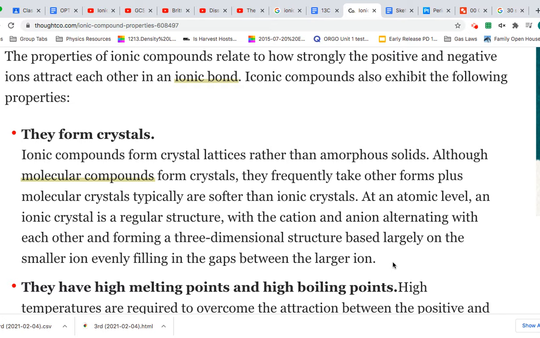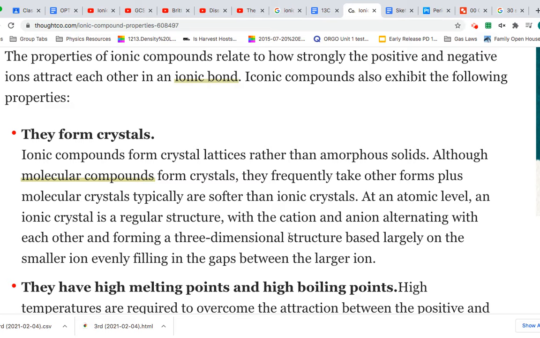At an atomic level, an ionic crystal is a regular structure with the cation and anion alternating with each other and forming a three-dimensional structure based largely on the smaller ion evenly filling in the gaps between the larger ion. Love it. Thank you so much. Really appreciate it.